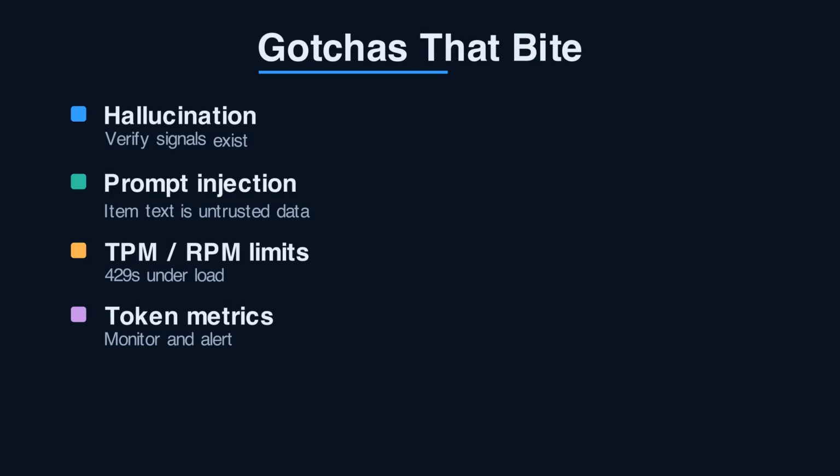Keep them clearly fenced as data and don't execute anything they say. 3. Quota. Azure OpenAI throttles on tokens per minute and requests per minute per deployment. Under load, you'll get 429s. So implement retry with backoff and consider provisioned throughput if your volume is steady. Watch your token usage as a first-class metric.